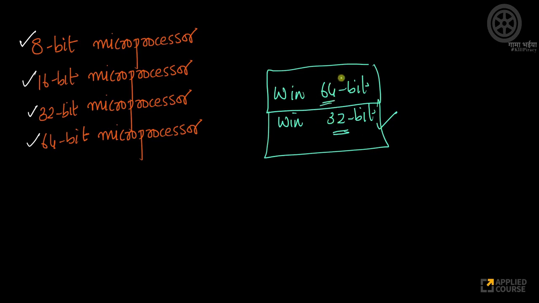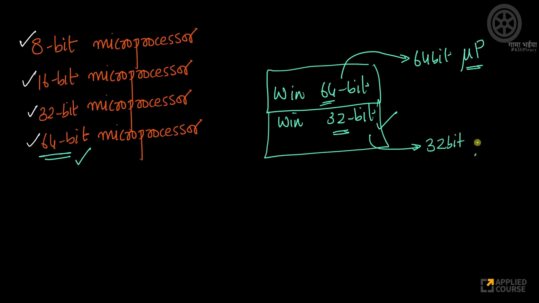So Windows 64-bit basically means Windows 64-bit can only work on a 64-bit microprocessor. Again, we write microprocessor in short like this because this is a symbol for micro, P means processor. A 32-bit Windows operating system can only work on a 32-bit microprocessor.